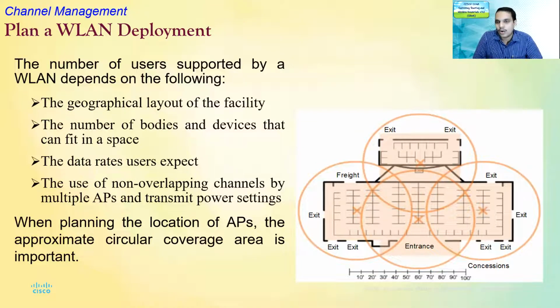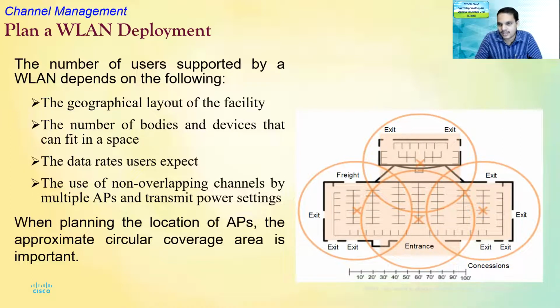And also, how do you use the non-overlapping channels? Because we need to set up multiple access points at different places to cover the entire area. When you are setting up different access points, what channels are you going to set? And also, what are the transmit power settings for these access points?